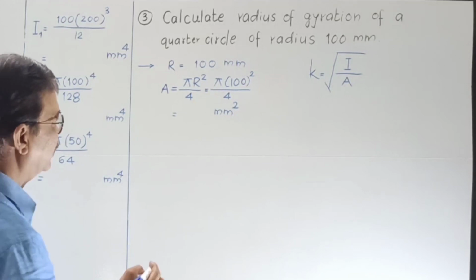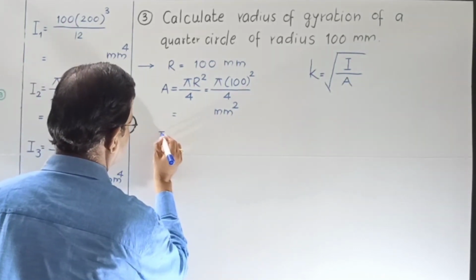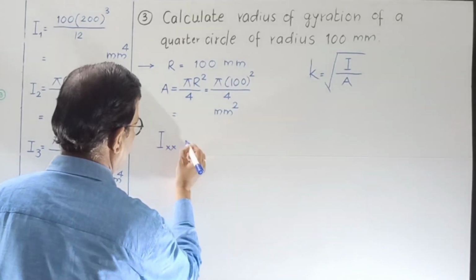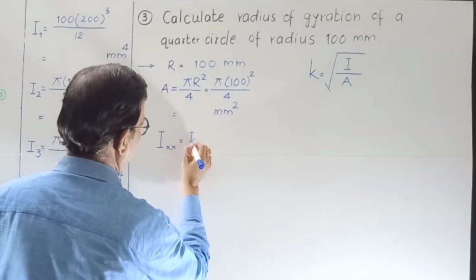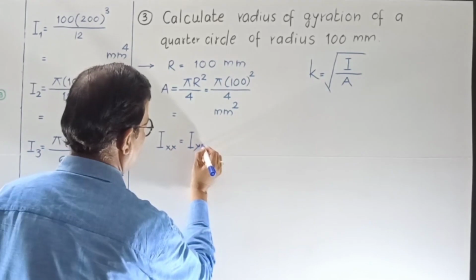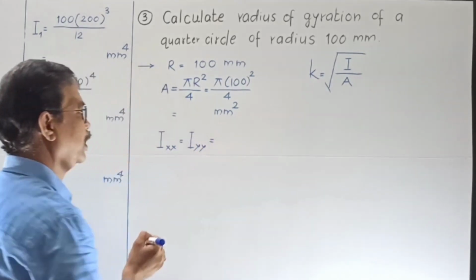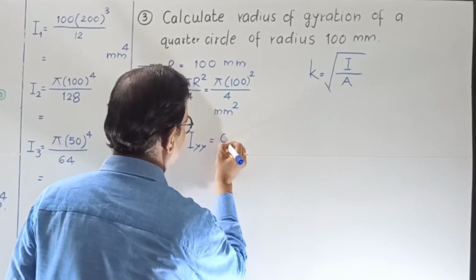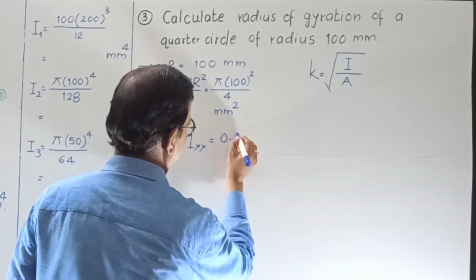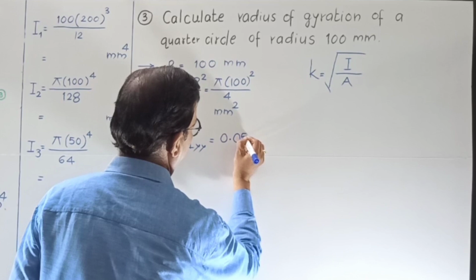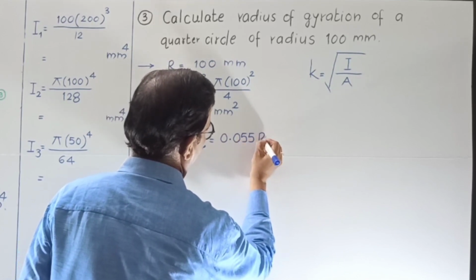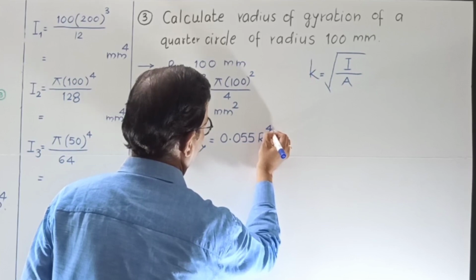Now let us calculate I. It is not necessary to tell you again that Ixx and Iyy for a quarter circle are same, and if you remember the formula, it is 0.055 r raised to 4.